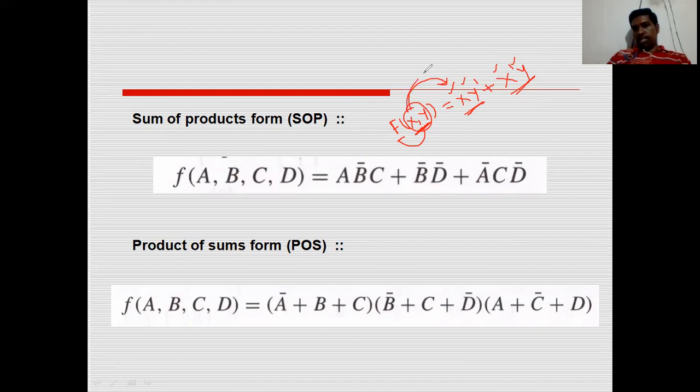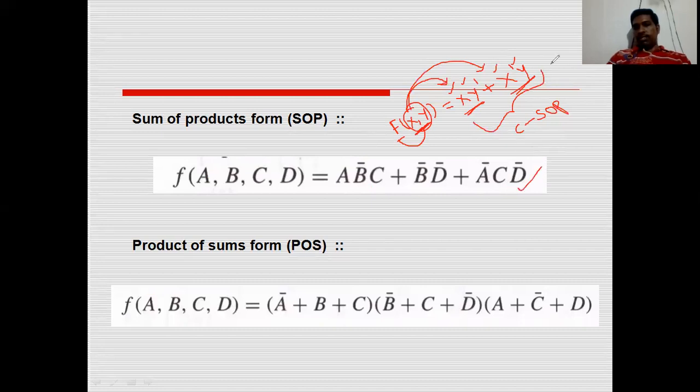Likewise, all the literals are existing in this term also. Therefore, in each and every term, all the literals exist. Therefore, this entire expression is a canonical SOP. Canonical SOP. Right? Is it clear for you?